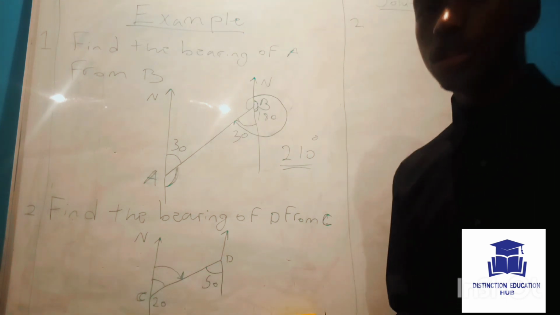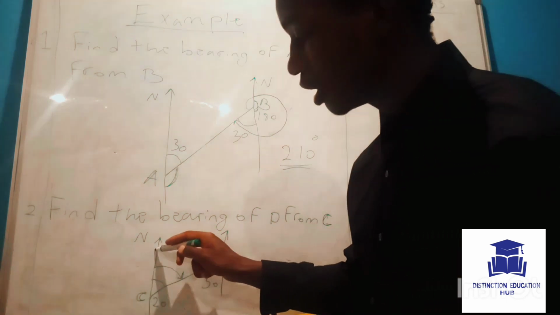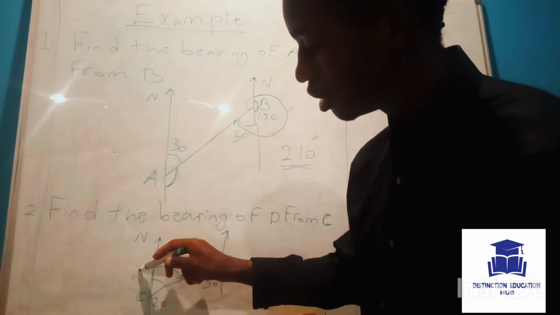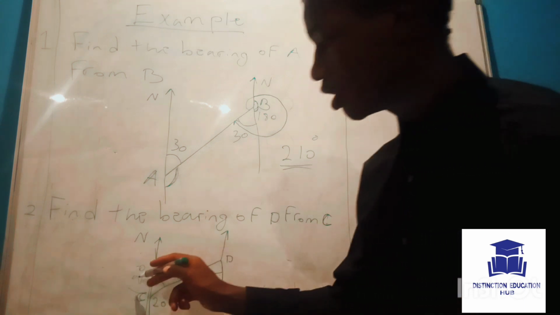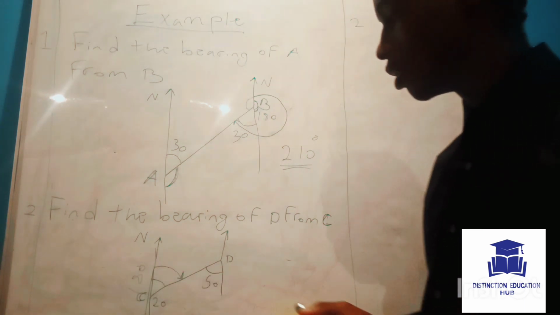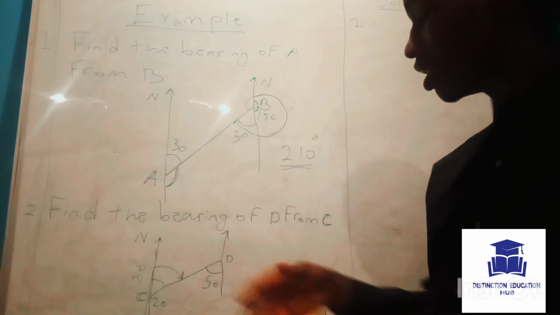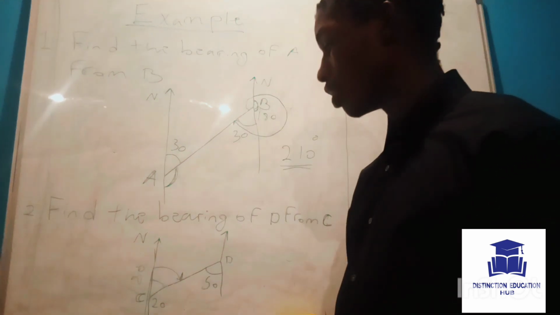We already know that a straight line adds up to 180. So this is 180 there. Now that you have 180 there and 20 there, you just add 20 plus 180, you get 200.